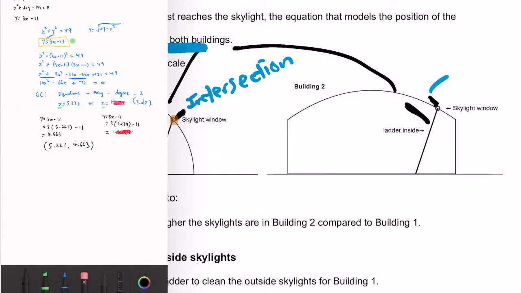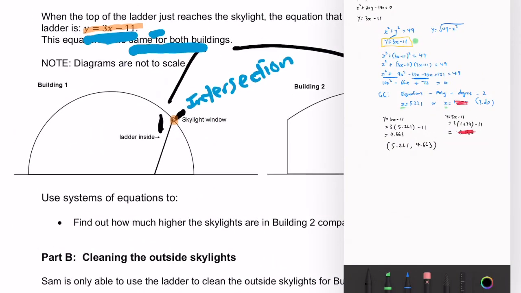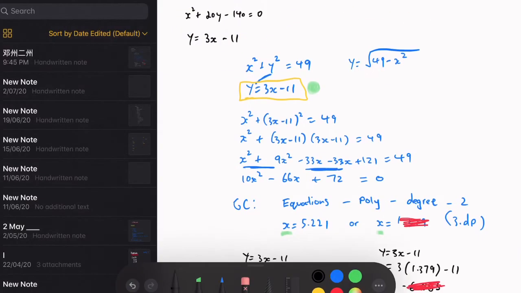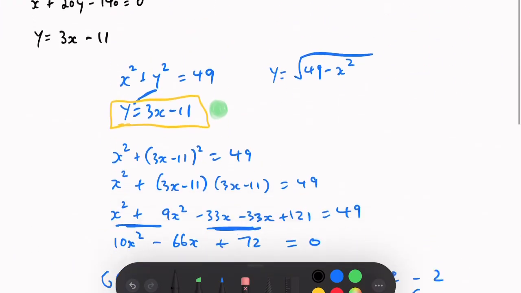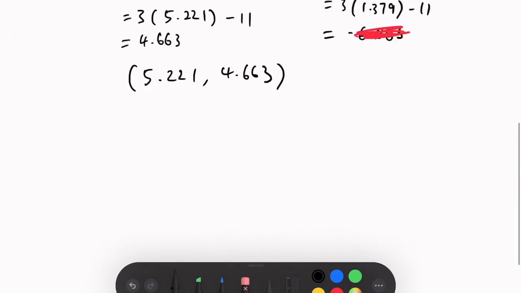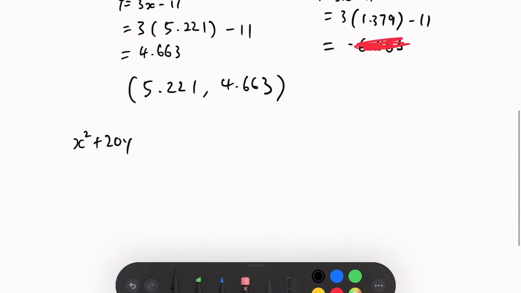Now we need to find the point here, this one here. So we need to make the straight line equal the quadratic. Okay, the next one. Quadratic formula. X squared plus 20y minus 140 equals 0.